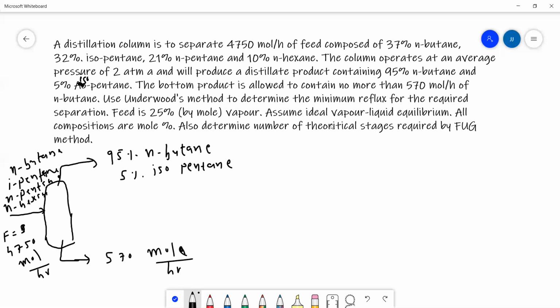Now we have to determine the minimum reflux ratio by using the Underwood equation.